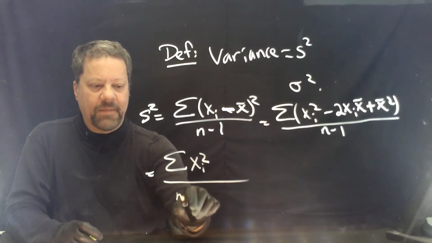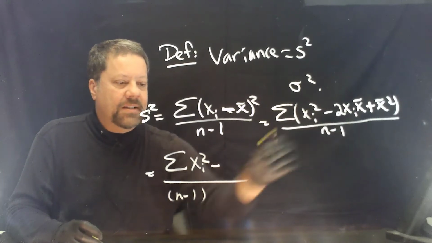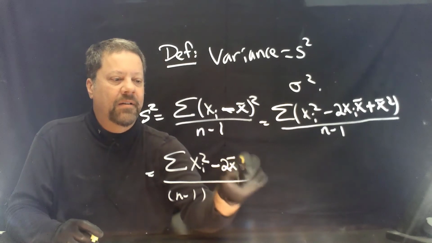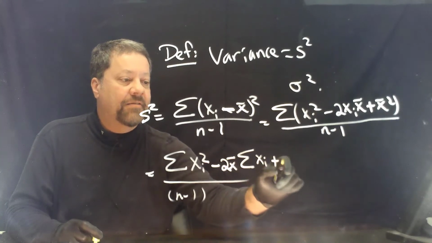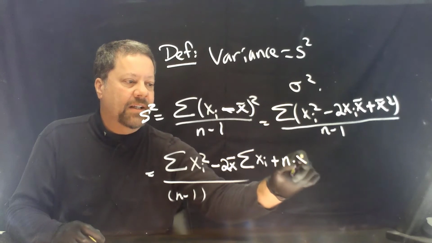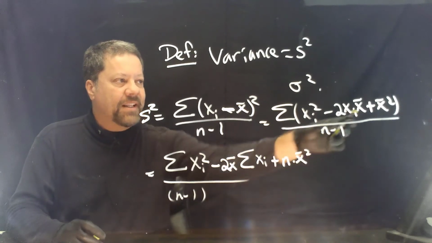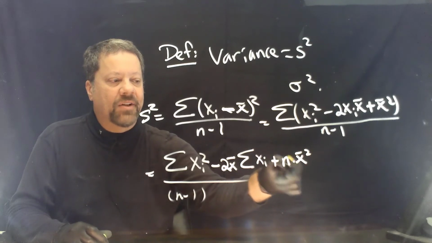We're going to have this n minus 1 on the bottom still. The constants come out of a sum, and we'll have the n times the sum of these x bars. The sum of the x bars squared ends up just giving you n of the same thing, so you get n times that.